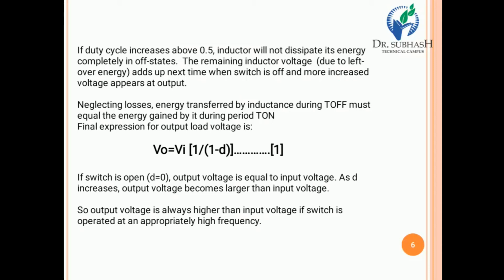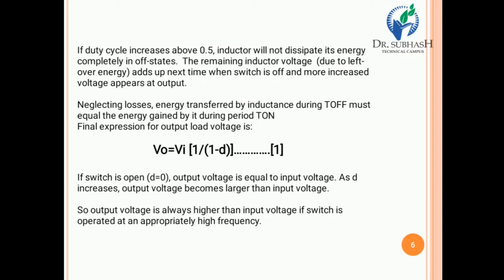So, dear students, if we neglect the loss, the energy transferred by the inductance during T off must be equal to the energy gained during T on. Finally, the expression for the output voltage is Vout equal to Vi into 1 divided by 1 minus D. That is our equation number 1.